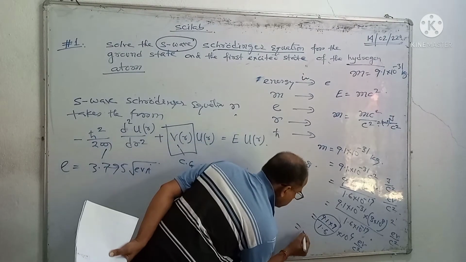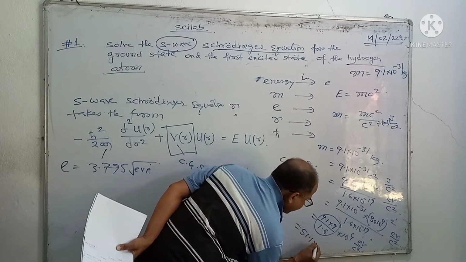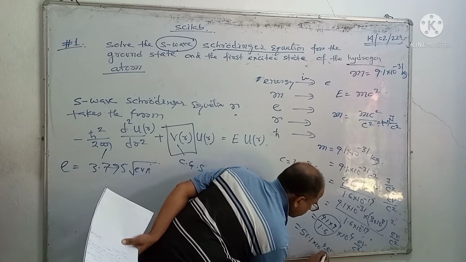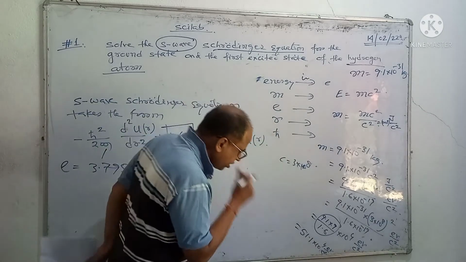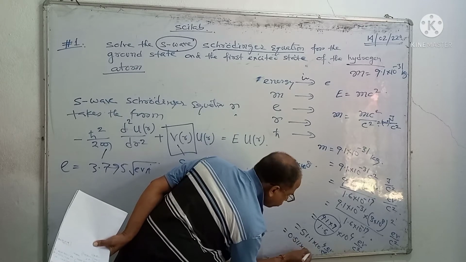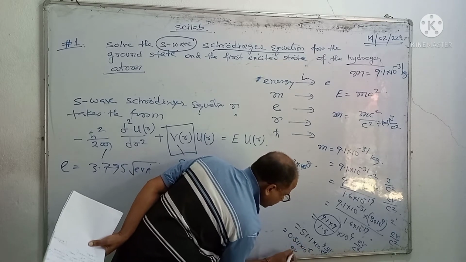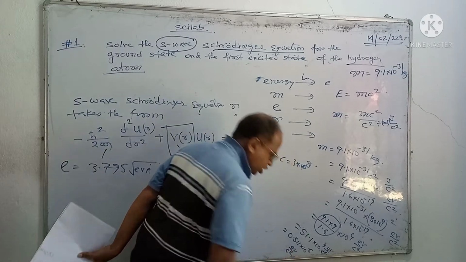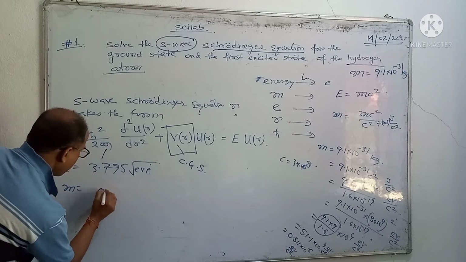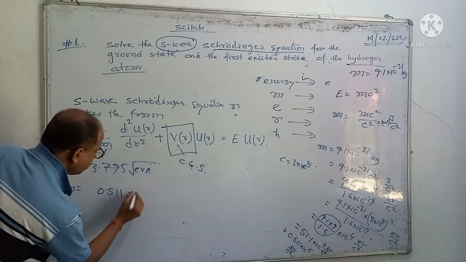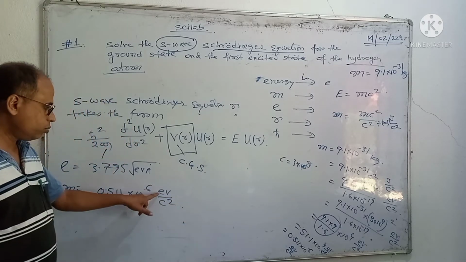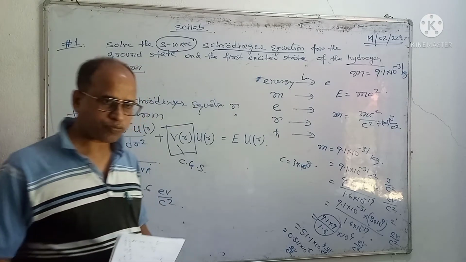Therefore, this is 51.1 into 10 to the power 4 electron volt by c square. Now, this can be written as 0.511 into 10 to the power 6 electron volt by c square. Therefore, M is equal to 0.511 into 10 to the power 6 electron volt. Therefore, electron volt unit. Fine.